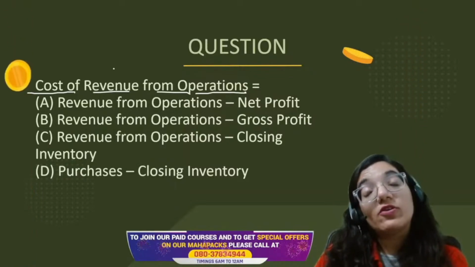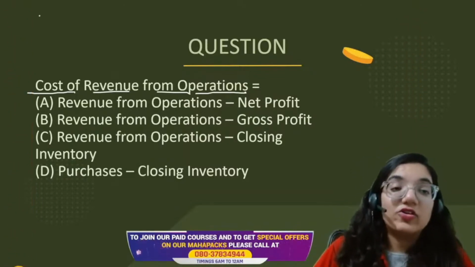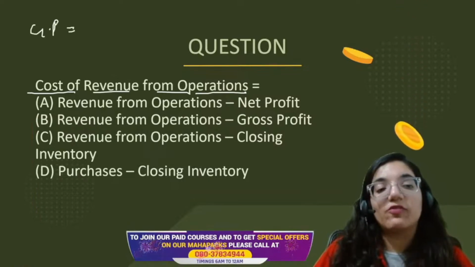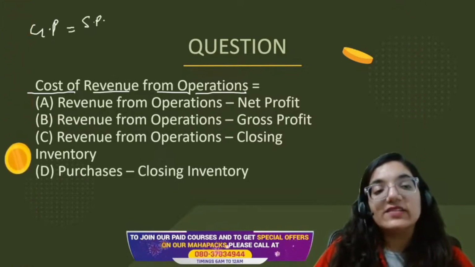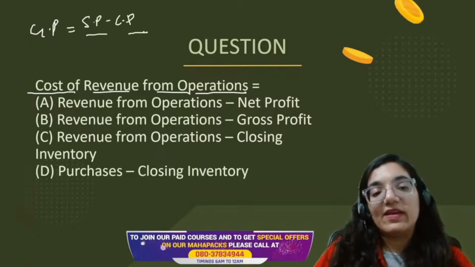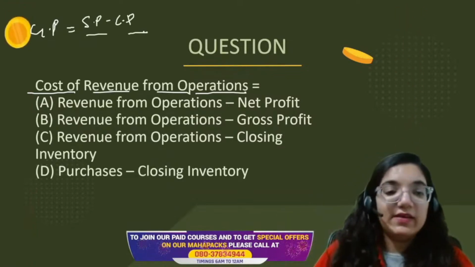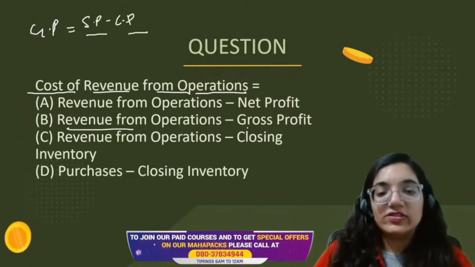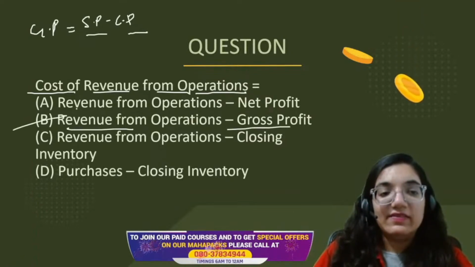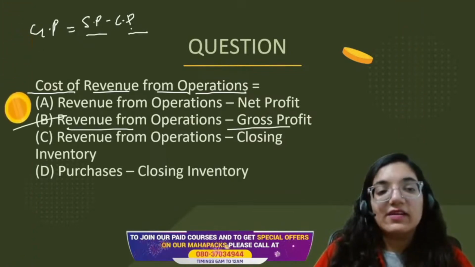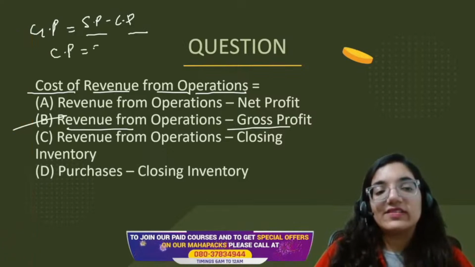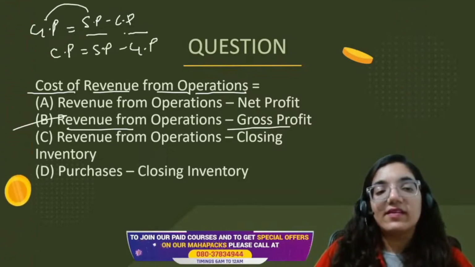If we are looking forward towards cost, our gross profit or the production based profit is always your selling price minus your cost price, SP minus CP. That would be revenue from operations minus GP. If you want to find the cost price, it is SP minus GP. Enough?